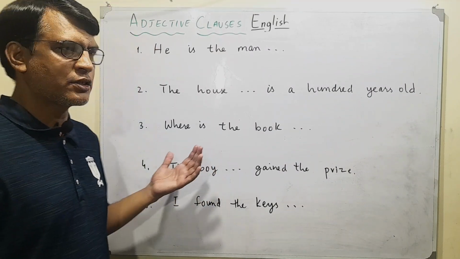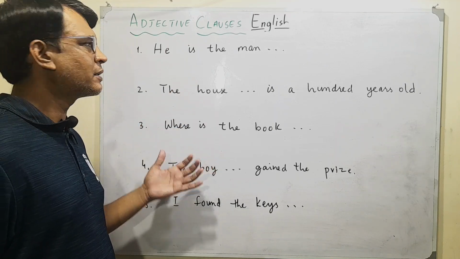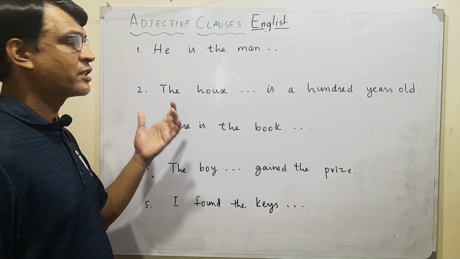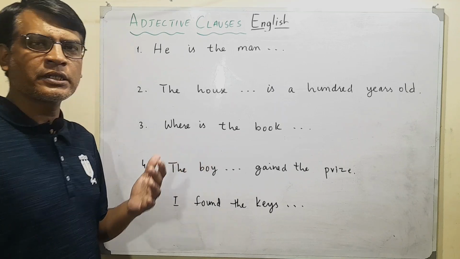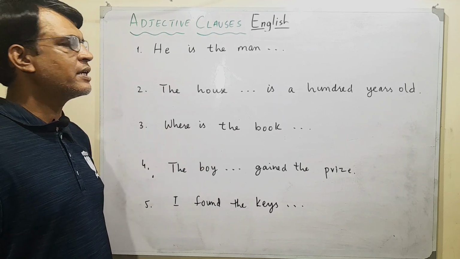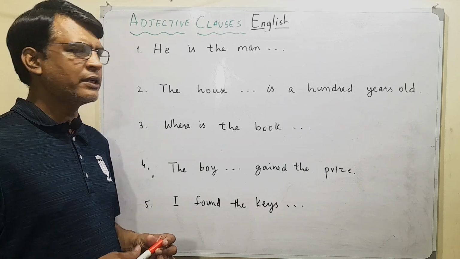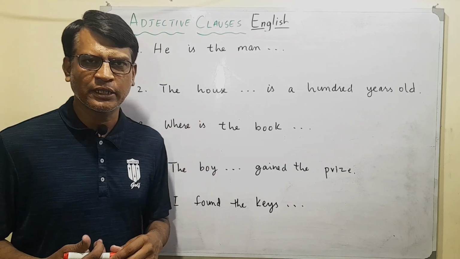Well, let's do some exercise. I have a few sentences which need adjective clauses. So let's see how we can complete them. For example, the first is "he is the man." Okay, I'll give you some time to think and then we'll see what options can come.